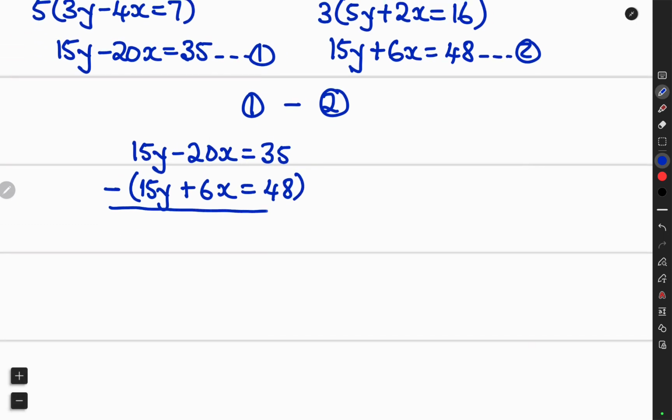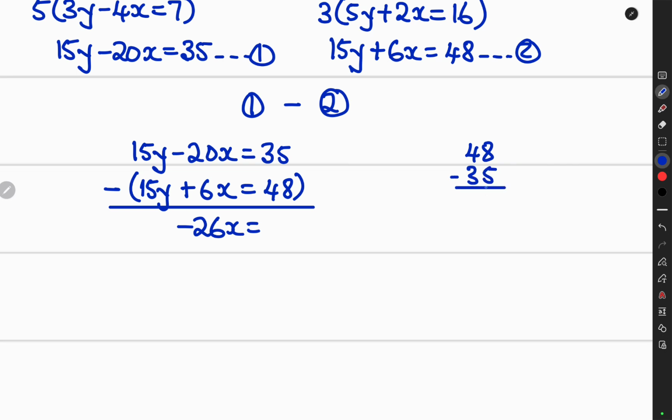So 15y will cancel 15y. You now have negative 26x equals, now 48 minus 35, that is 13, meaning that 35 minus 48, the answer will be negative 13, and this is the one we're looking for.